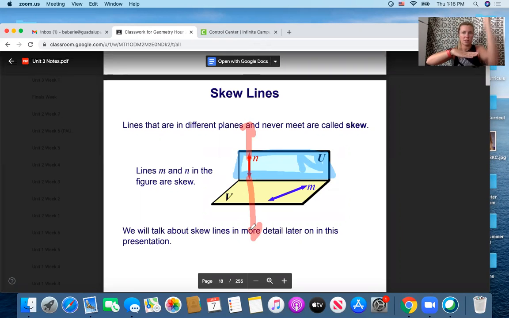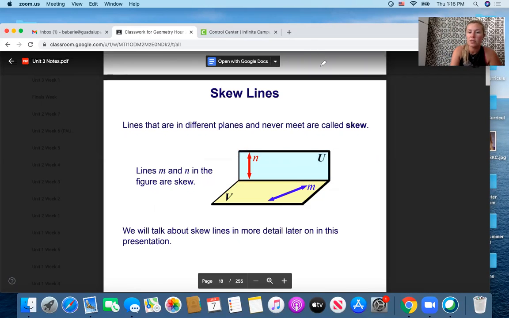So this red line's going to go like this, and the blue one's going like this. Then we have this yellow plane right here. And this blue plane is going to shoot through there and go this direction as well. They are never going to meet. Okay, so lines M and N in the figure below are what we would consider to be skew.